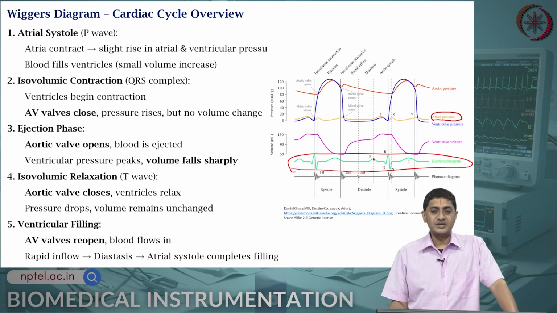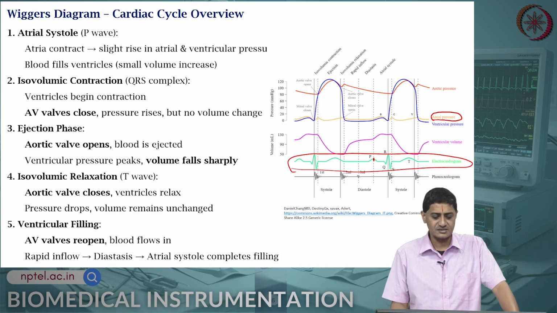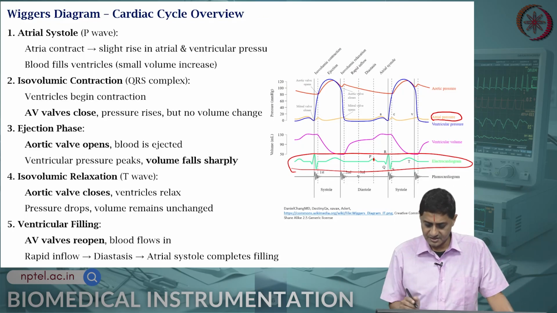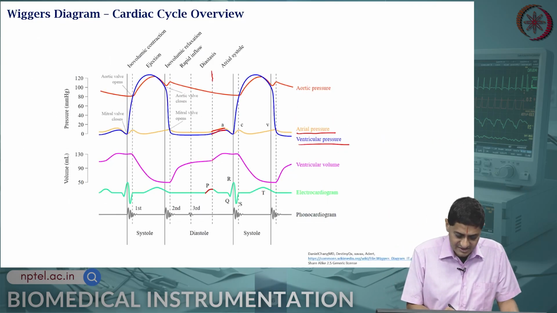After the P wave, atria contract, leading to a situation in which atrial pressure increases and ventricular pressure slightly increases. And the blood starts filling the ventricles. There is a small increase in volume that you see. So, when you go back here, after the P wave, there is a small increase in the volume of the ventricles.